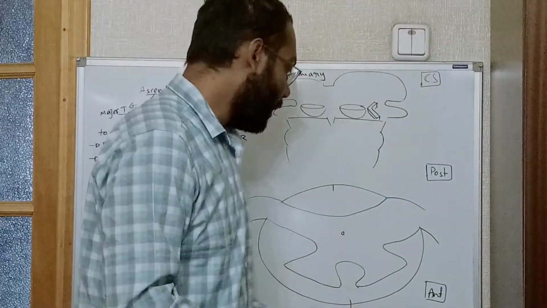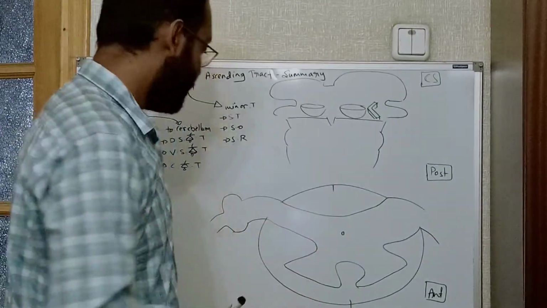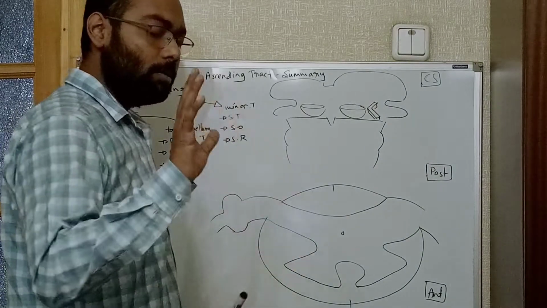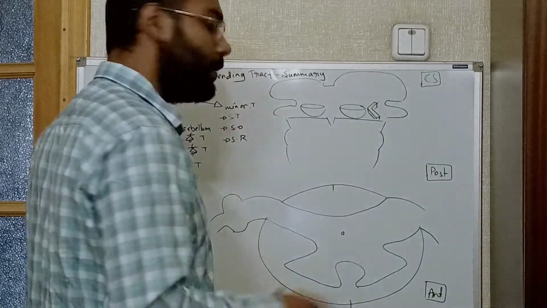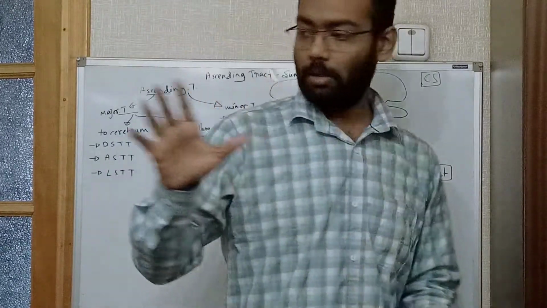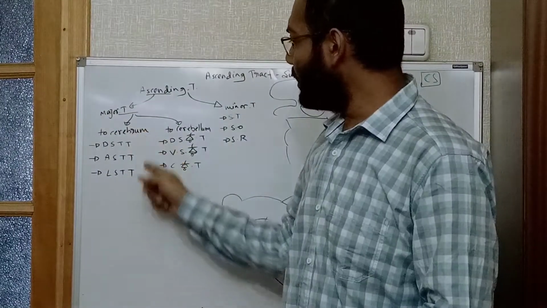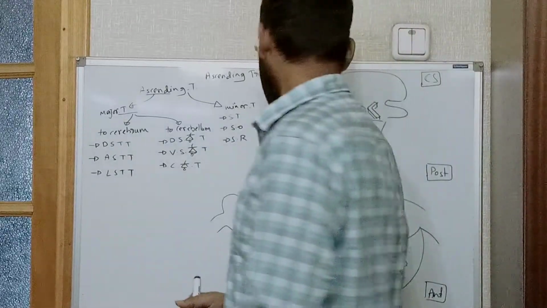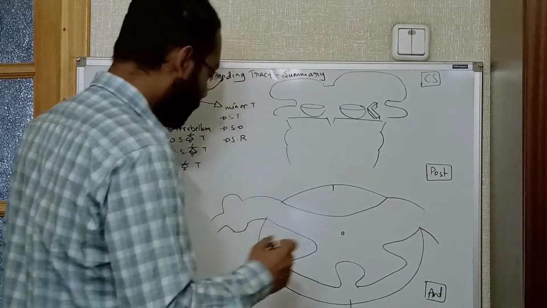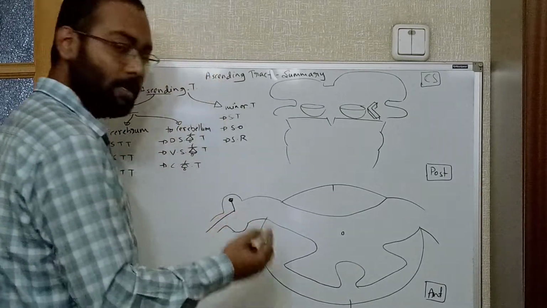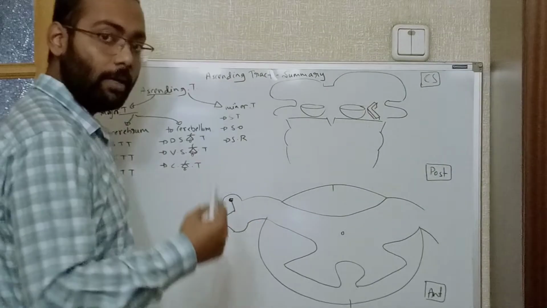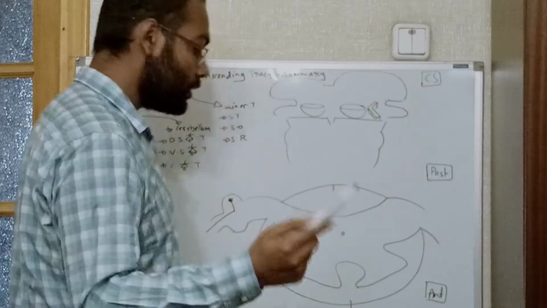But what is the interesting thing you have to remember? Let's go one by one first. Let's first draw our whole cerebellar tracts. This is our dorsal root ganglion, and the dorsal root always carries the sensory information.